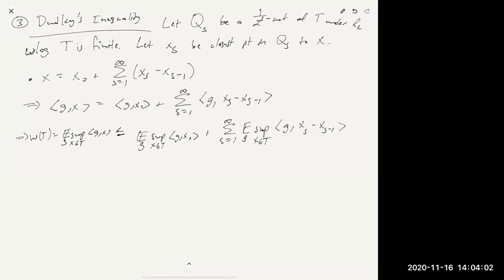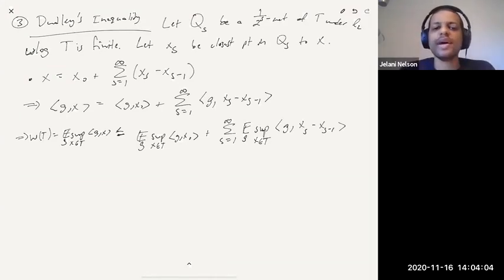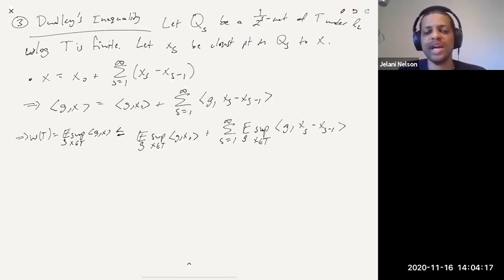Okay, so whatever our set T is, it's contained in the sphere. So Q0 has to be a 1 over 2 to the 0 net, so it's a 1 net. So we could just set Q0 to be the point 0.